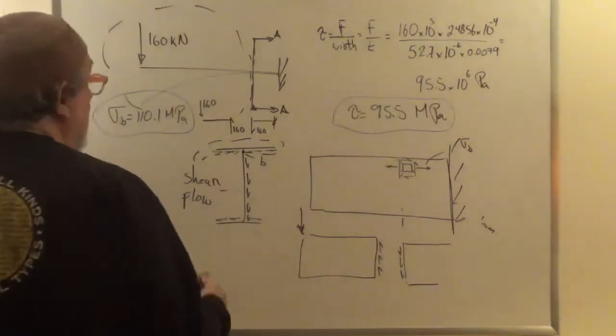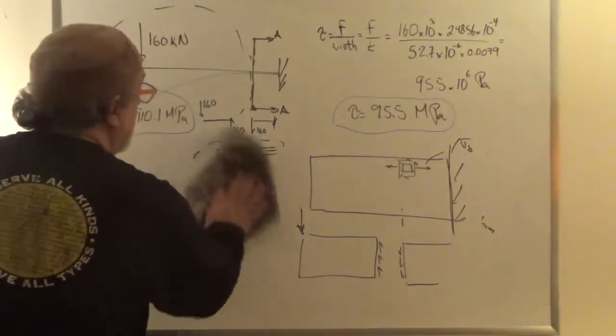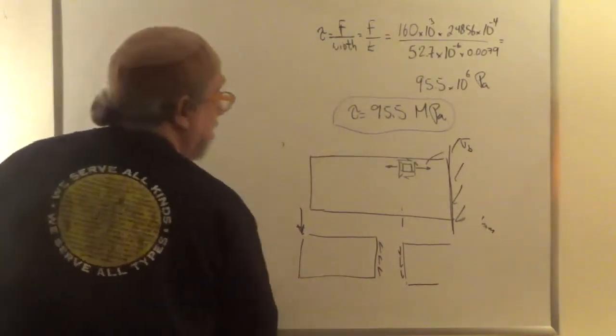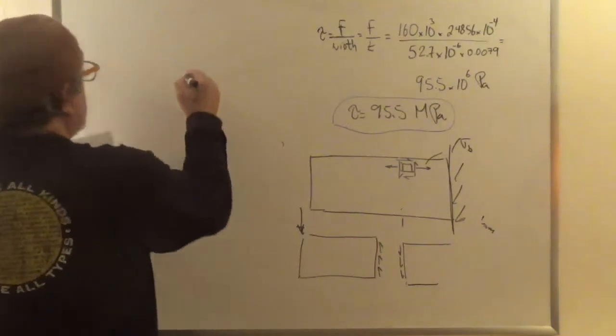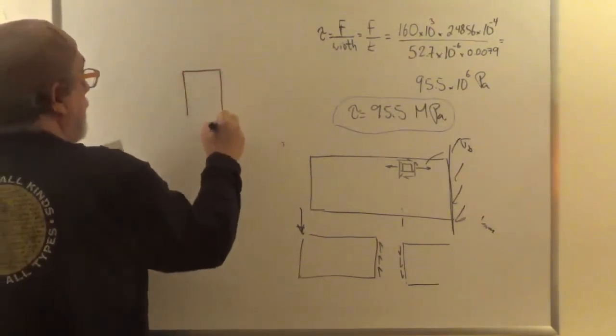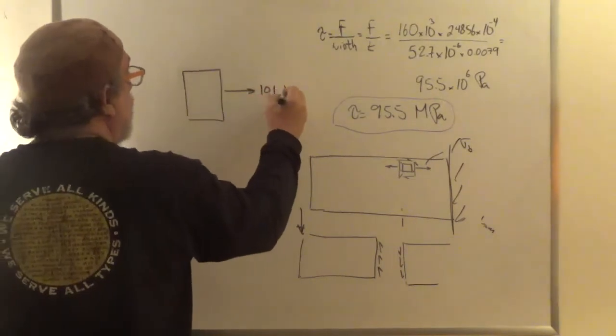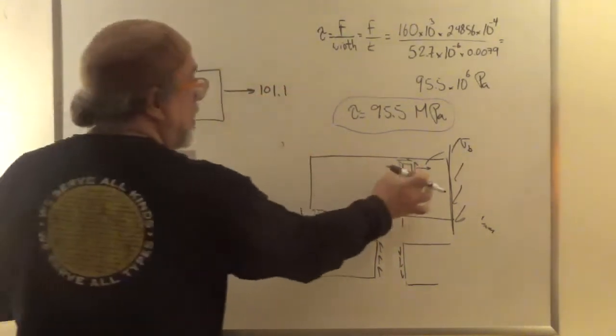So our stress element that we've been looking at, point B, our stress element at point B looks like this. It has 101.1 megapascals of tension, this one, right?